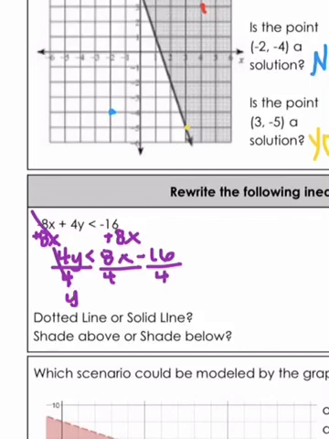Because I did not divide by a negative, I don't need to flip my symbol. It can stay the same. 8 divided by 4 is 2, and negative 16 divided by 4 is negative 4. So that is how we rewrite it.